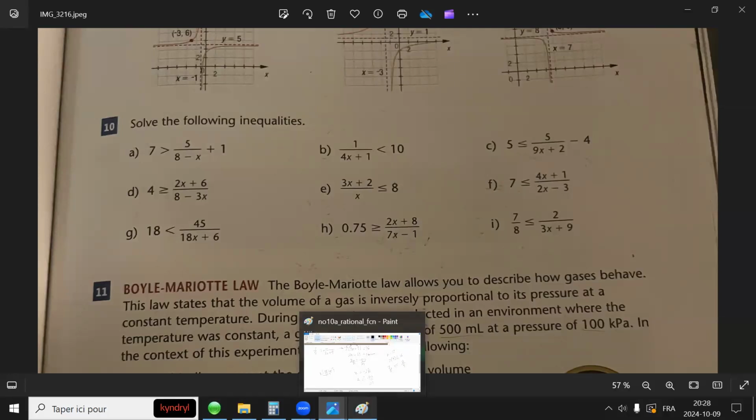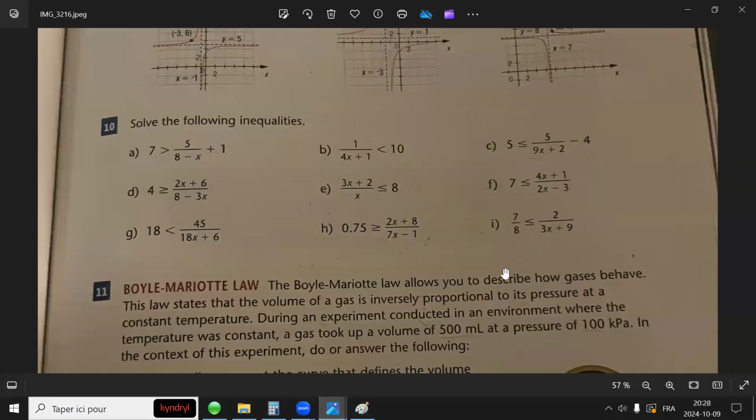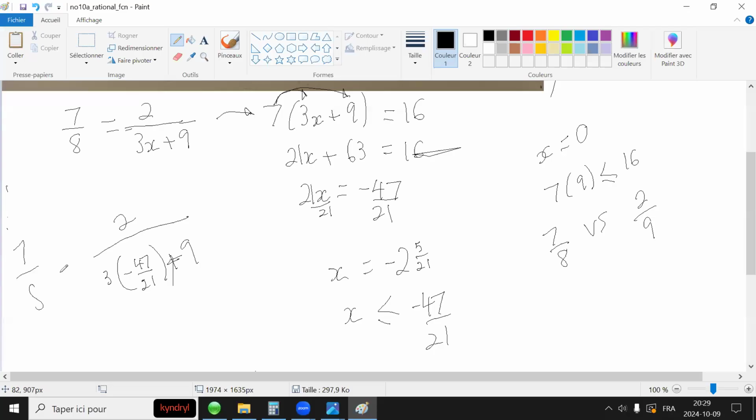Okay, 2 over that. So I got 2. And what else have I got? No, it's that. So I got like 7/8. This is supposed to give me an equality. So if I switch that over here, it becomes a minus.